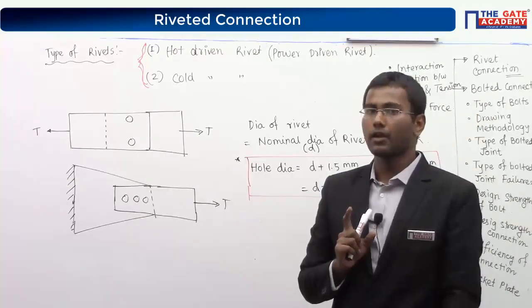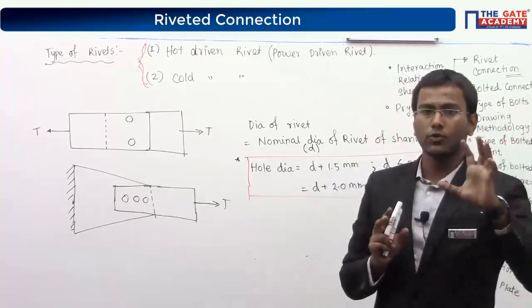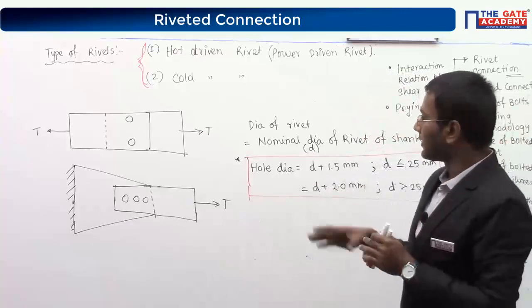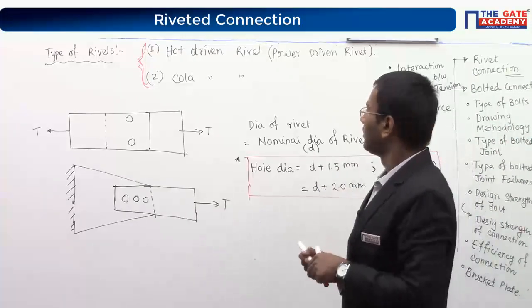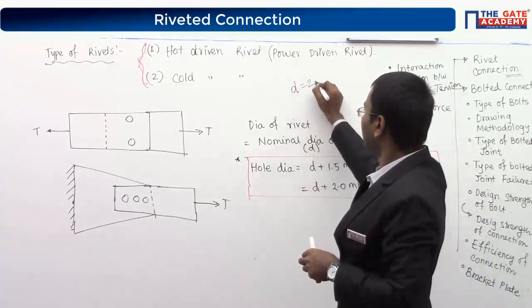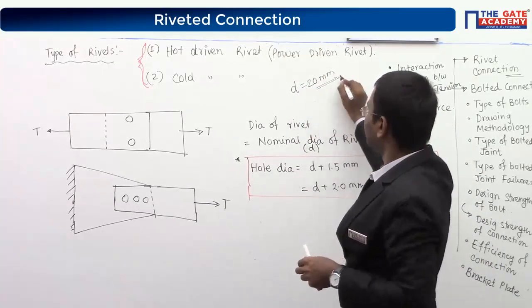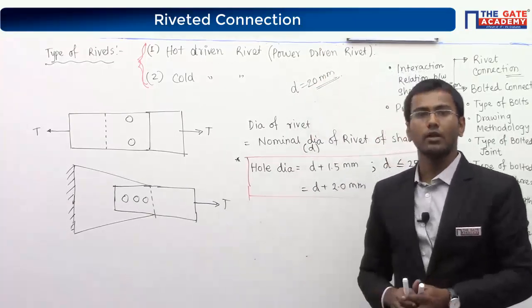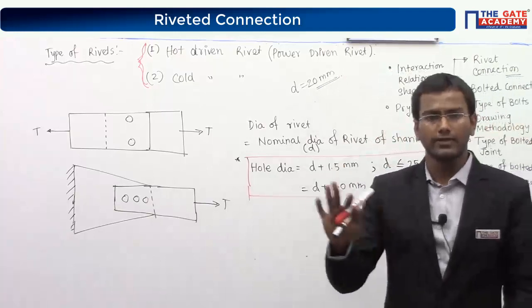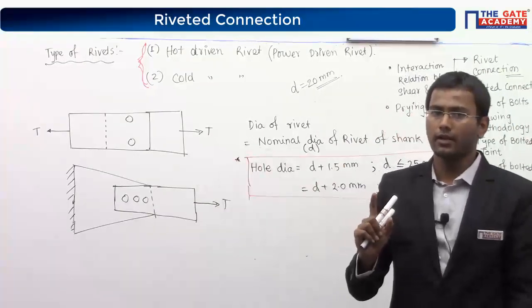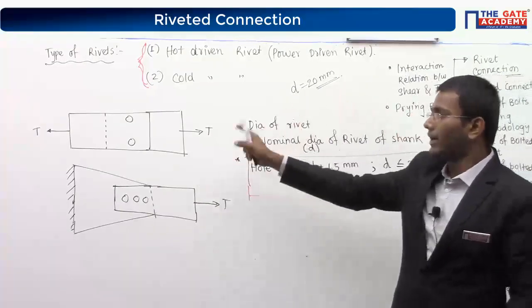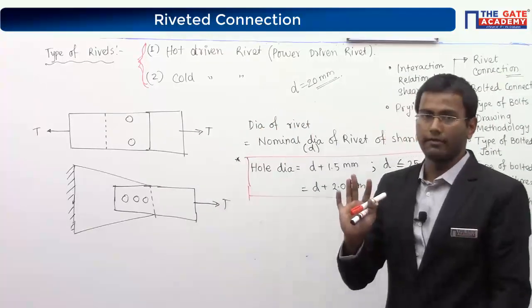First we do the design. Suppose in the design, the d value comes to 20 mm. The designer has done the design, and I have to provide a 20 mm diameter rivet.